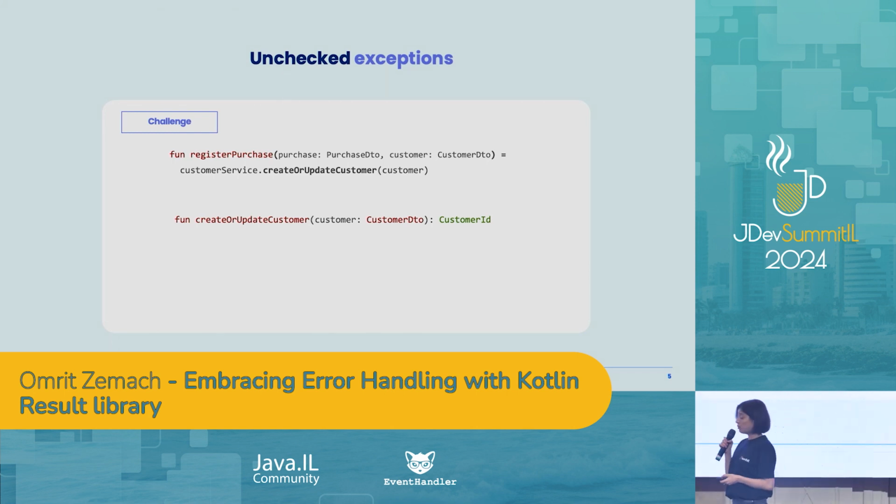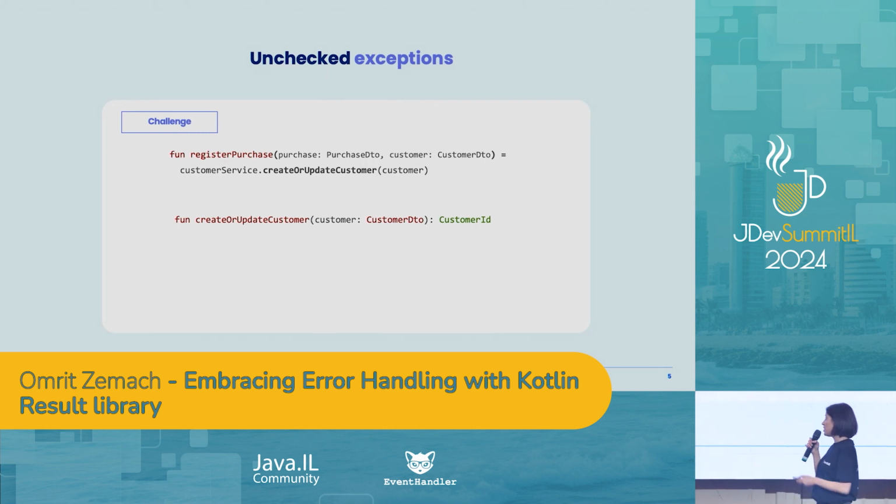If, for example, we look at the register purchase function that is called when a customer is starting a purchase transaction with our services, this function is calling create or update customer. If we look at create or update customer, according to its signature, it looks secure and safe, right?